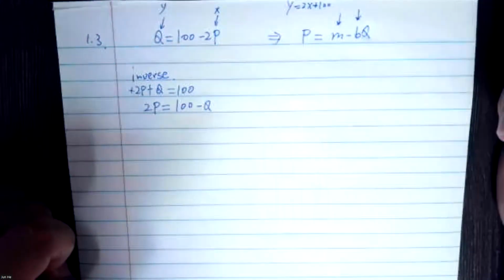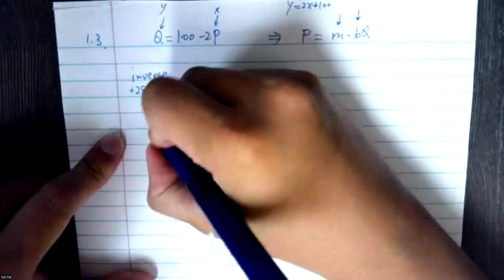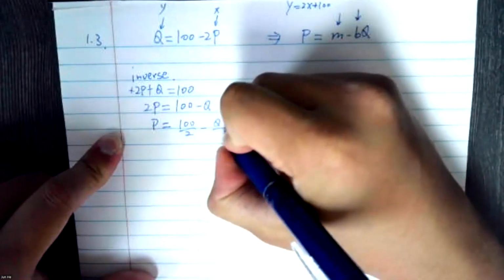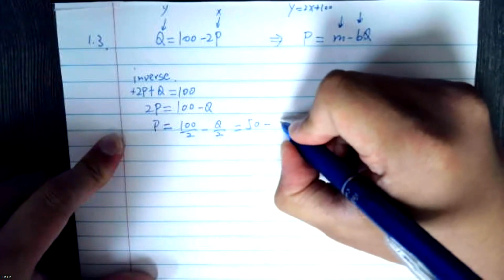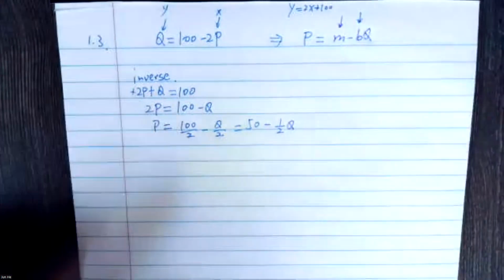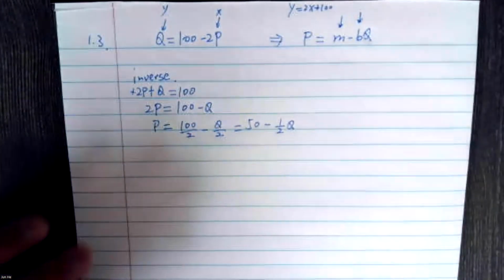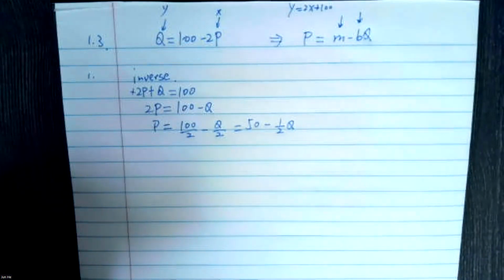We need to divide by 2 on both sides of the equation. So it's P equals 100 over 2 minus Q over 2. That is 50 minus half of Q. So that is the inverse. And that is actually question 1 on your slide, page 22.